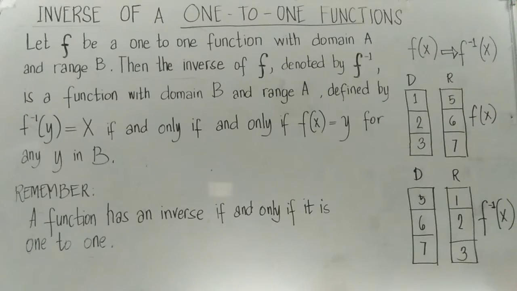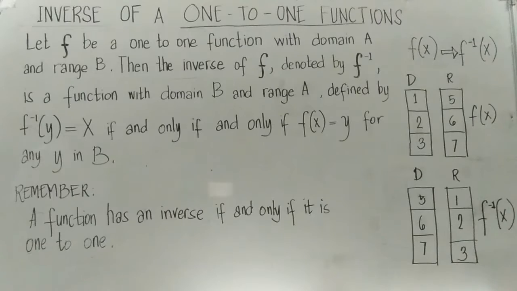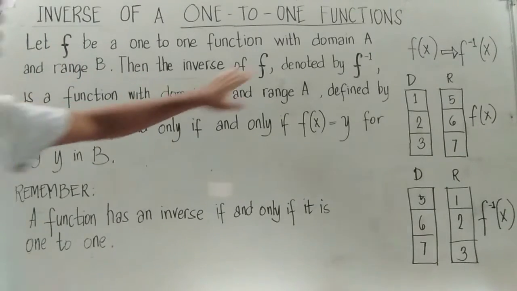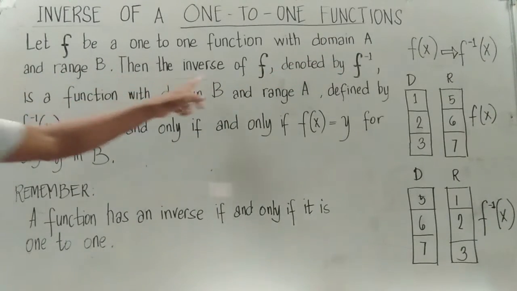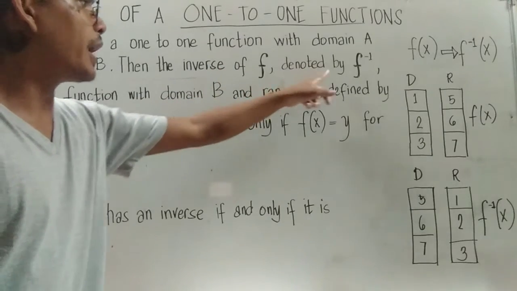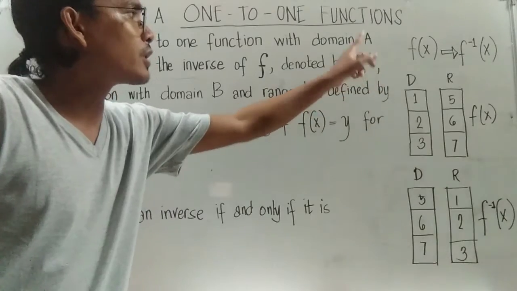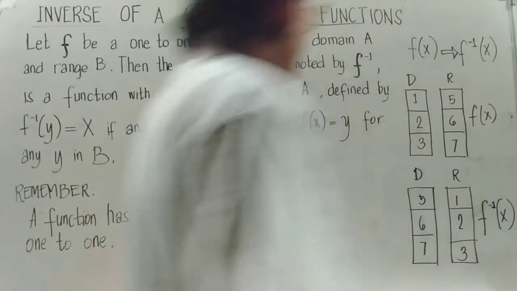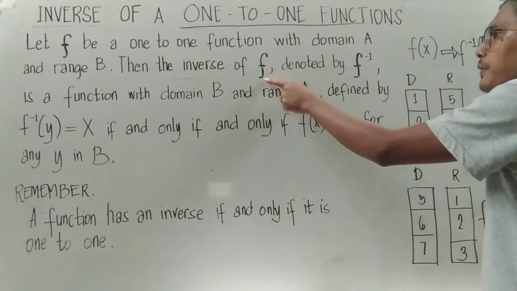Let f be a one-to-one function with domain A and range B. Then, the inverse of f, denoted by f with the exponent -1, we can read this as the inverse of f.